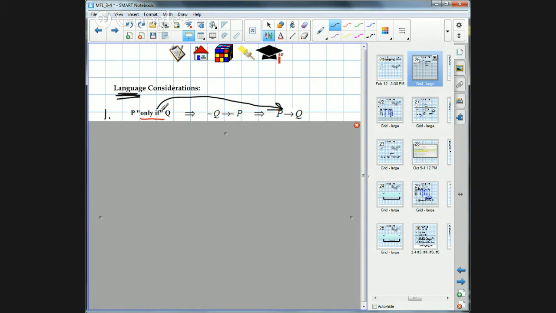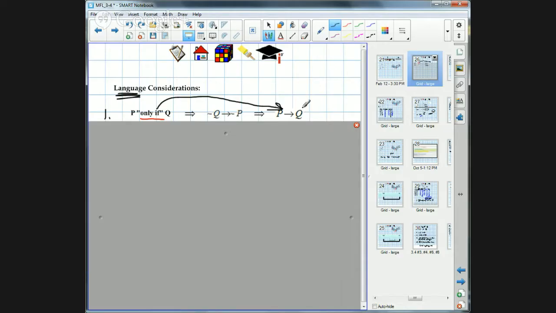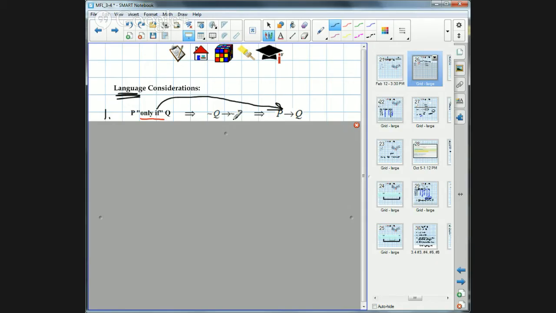You just replace the words "only if" with an if-then symbol. See that? So if this was Q only if P, then that would come out to Q arrow P. And Q arrow P is just the converse of the original. They're just flipped. Why is the negation of Q and negation of P in the middle there? You can ignore that. That's really what it means.